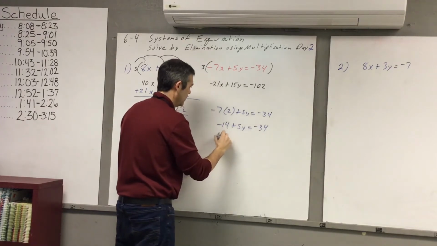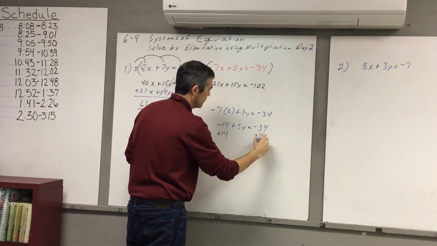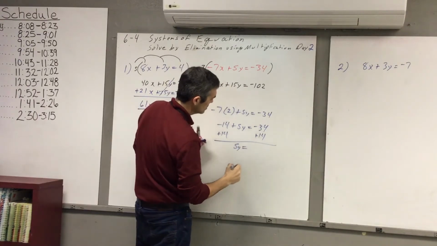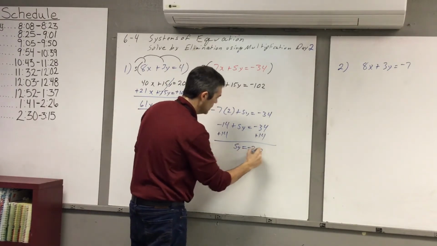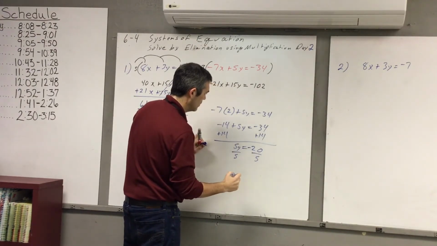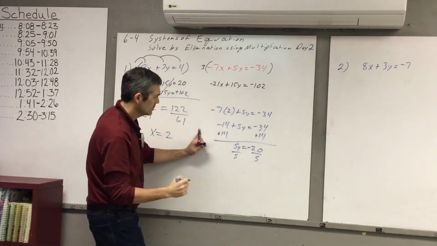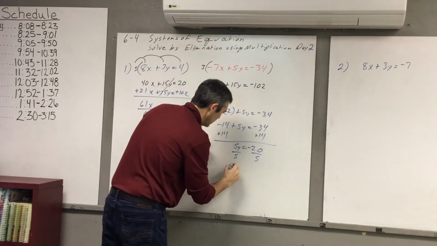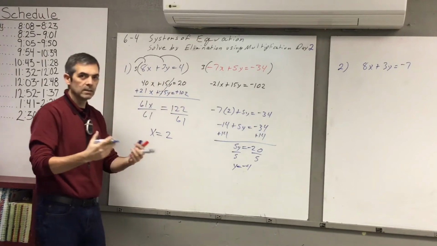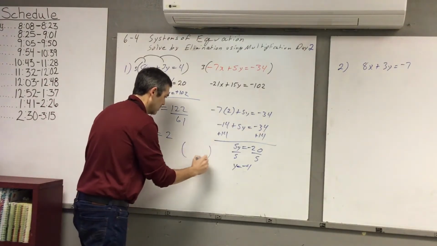Add 14 to both sides, and you get 5y equals negative 20. Divide by 5. Hold on, just making sure. Yep, y equals negative 4. So my answer's here.